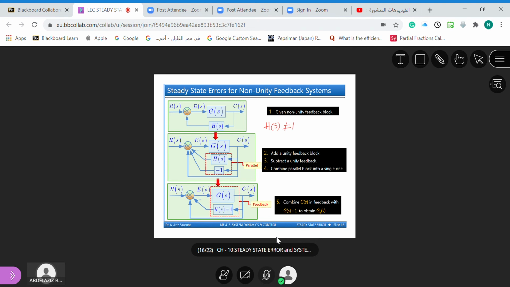What we can do here is this way. We can add, where H of S is this one, -1, and we can add +1 here. This is +1, and we add -1. When we add +1 and -1 in parallel, Shabab, they are going in the same direction.